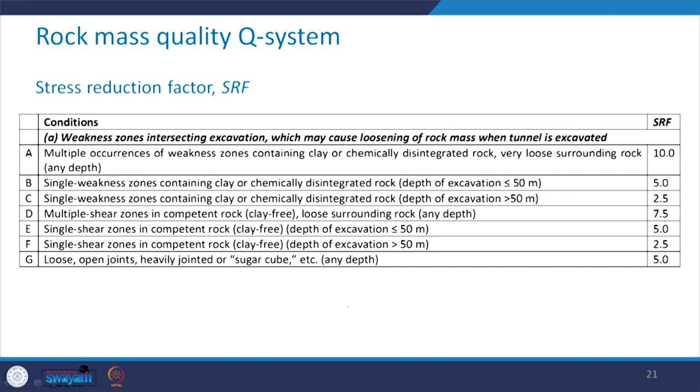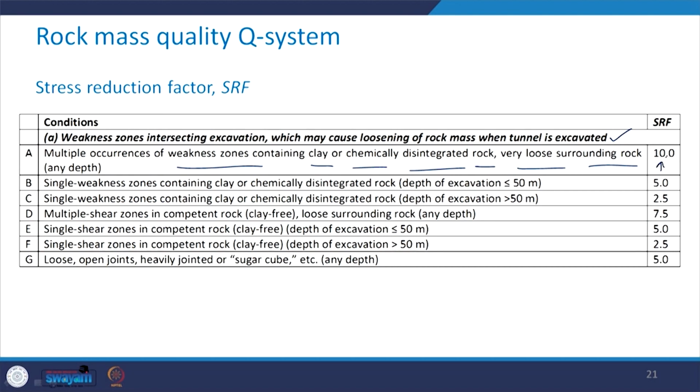So, the first one is the weakness zones intersecting excavation, which may cause loosening of rock mass when the tunnel is excavated. In this one we can have the condition of multiple occurrences of weakness zones containing clay or chemically disintegrated rock, very loose surrounding rock at any depth, and then the rating is assigned as 10.